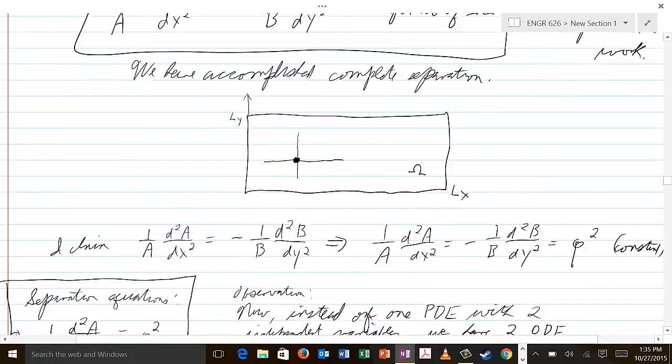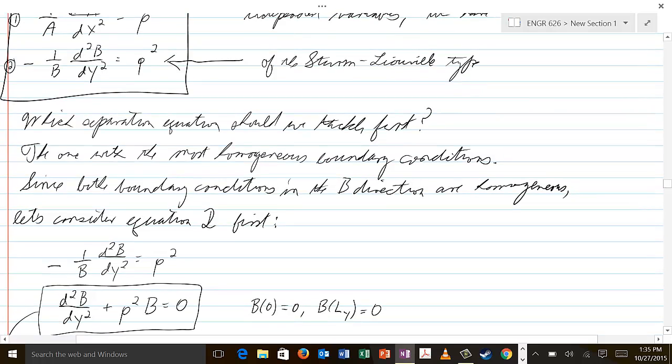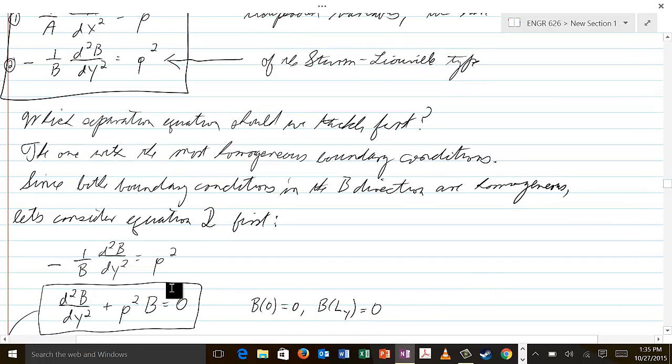So we come down here. The equation in the y direction is minus 1 over b d squared b dy squared is equal to p squared. Oh, and by the way, before I go any further, I don't expect you to be able to reproduce this work on the separation of variables technique. I'm just showing you the details for the sake of completeness so that you understand how it's done.